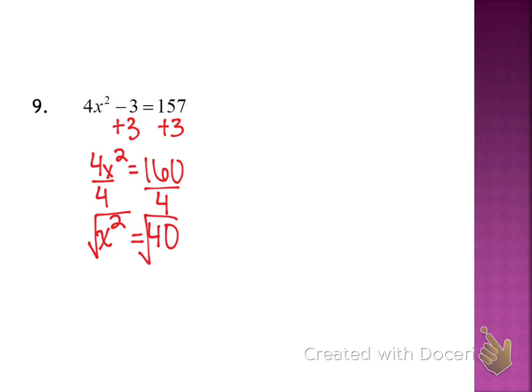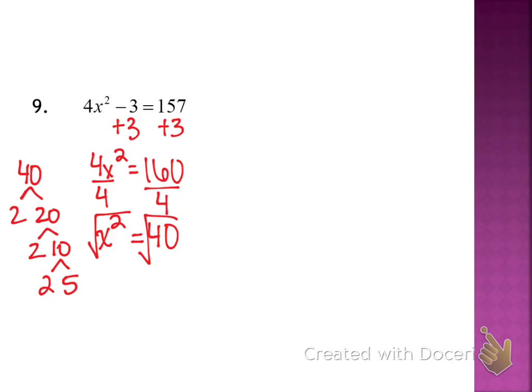Is 40 a perfect square number? No, it is not, which means we have to make a factor tree. What will 40 factor into? 2 and 20. 20 factors into what? 2 and 10. 10 factors into 2 and 5.